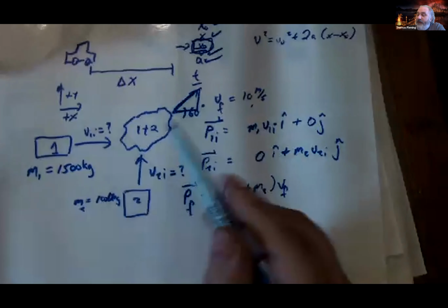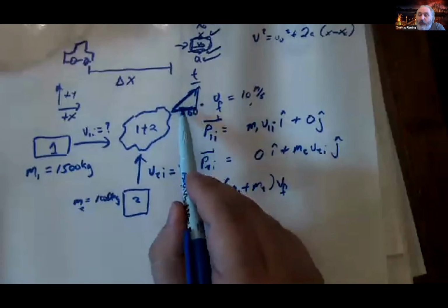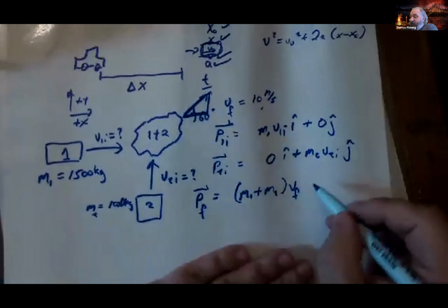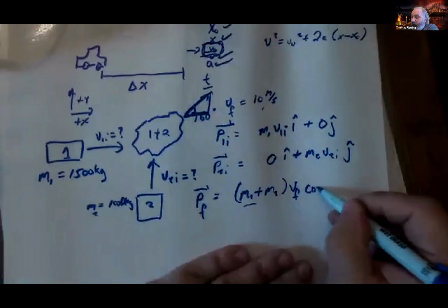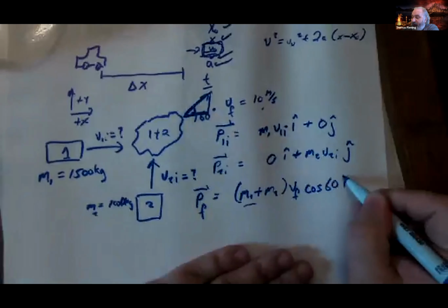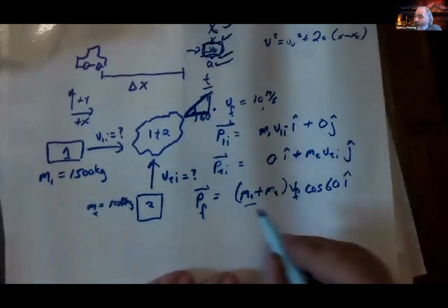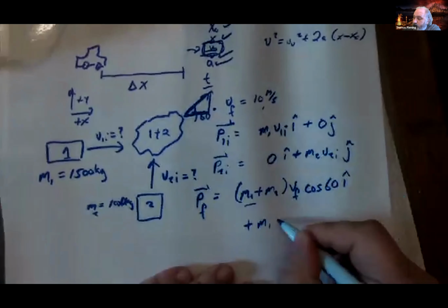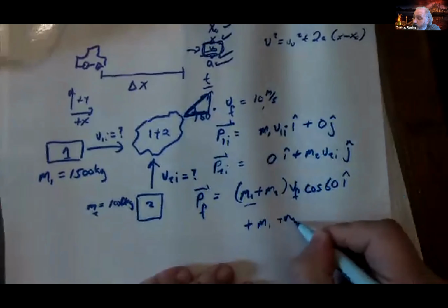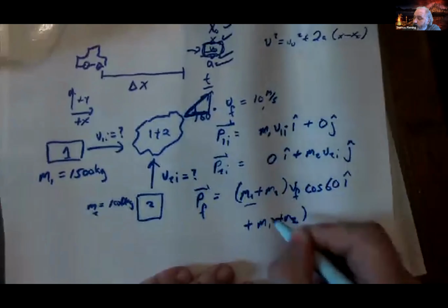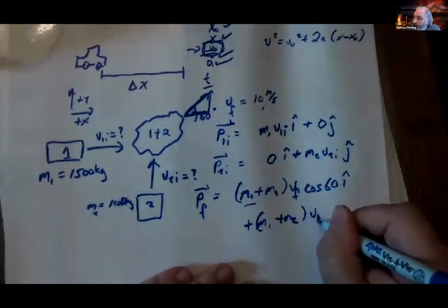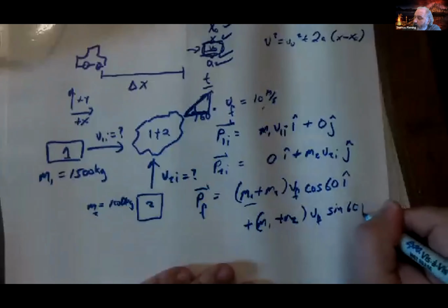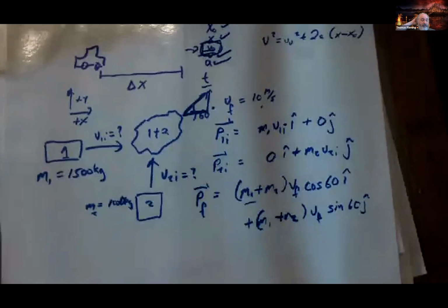And I know that the x component is the adjacent part because it's adjacent to that 60-degree angle. So that I'll get by taking the magnitude times the cosine of 60. That's the i hat part. And the j hat part is going to be the same thing times the sine of 60 degrees.